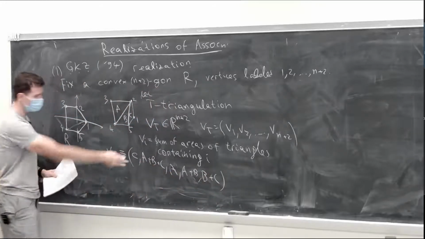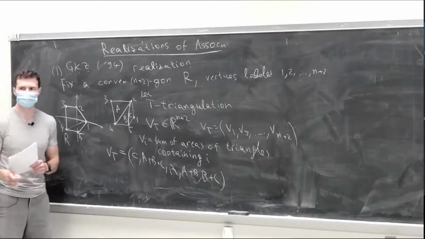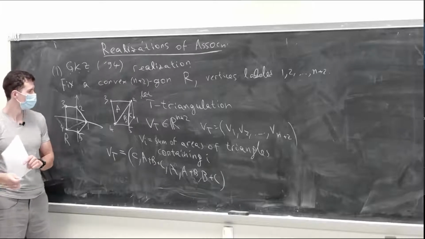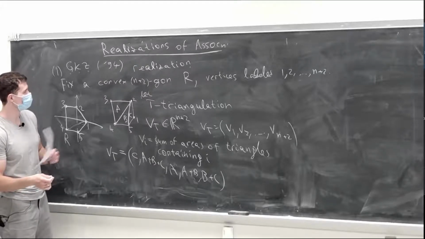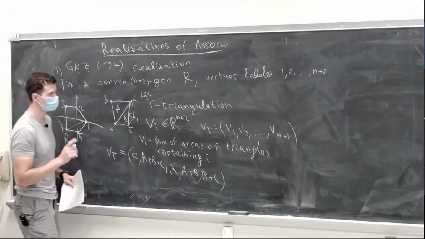All right. What's the dimension of the associahedron here? Okay, interesting. It's a two-dimensional polytope, but this is a five-dimensional vector.